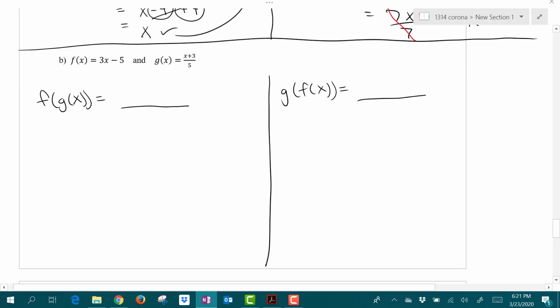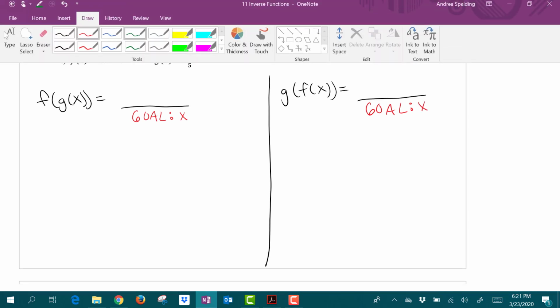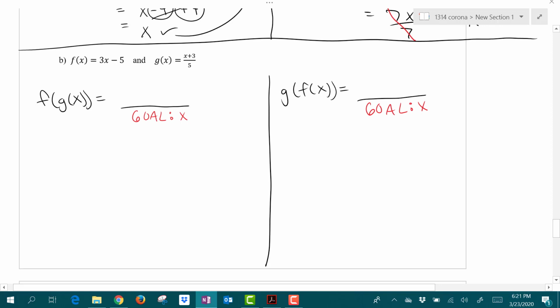And the result from each composition, we want very specific goal of just x. We don't want anything else, just x. That's our goal. So step 1 for composition, we put an x into g, and that's kind of silly. We know what it looks like when we put an x into function g. We get x plus 3 divided by 5.